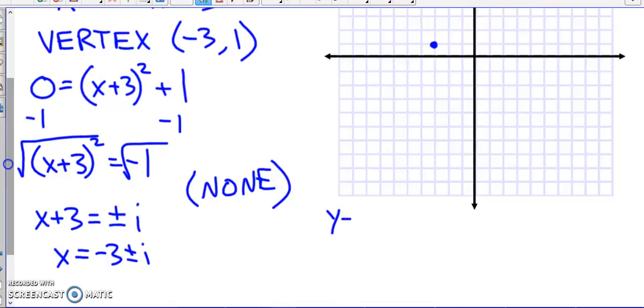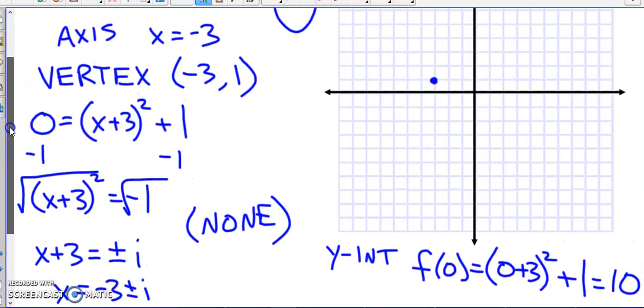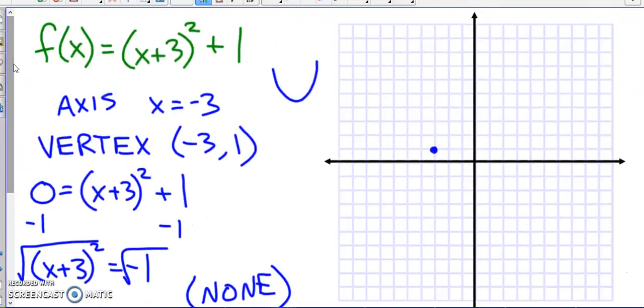So to get the y-intercept, remember we plug in 0 for x. So f of 0 equals (0 plus 3) squared plus 1. That comes out to be 10, I believe. So that'd be right there.